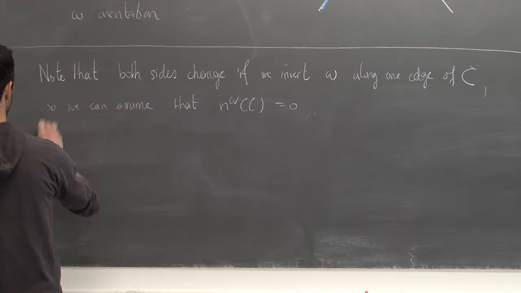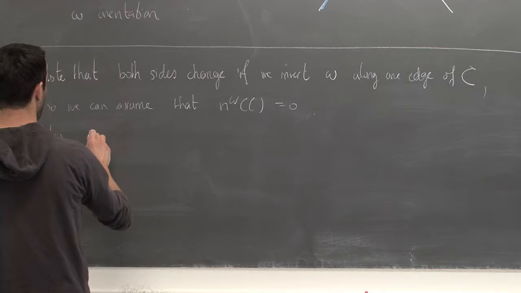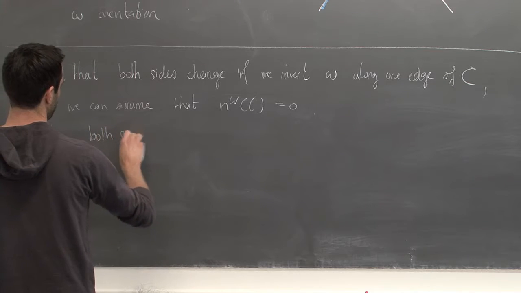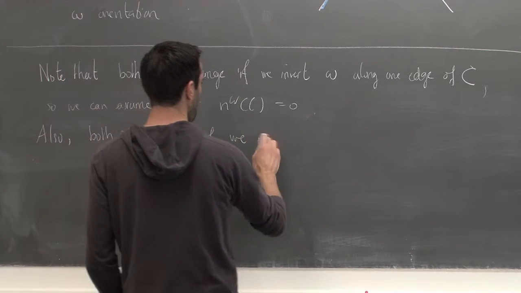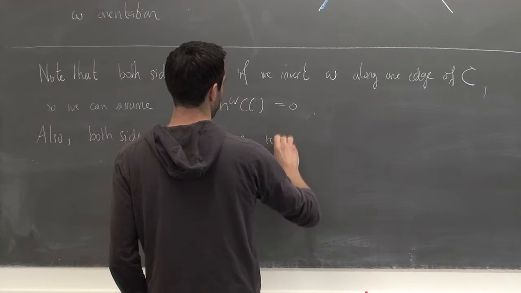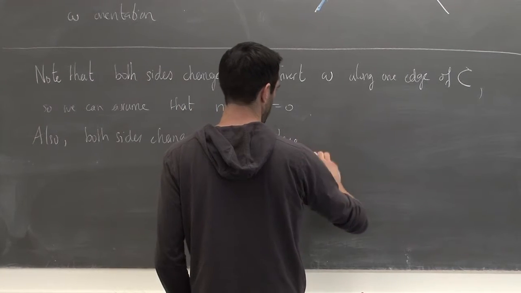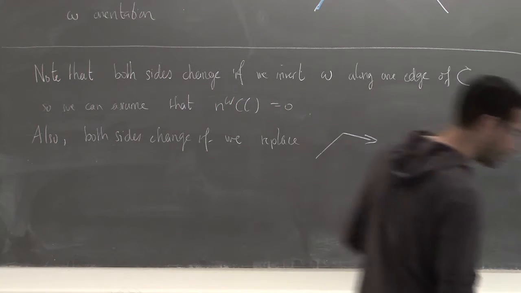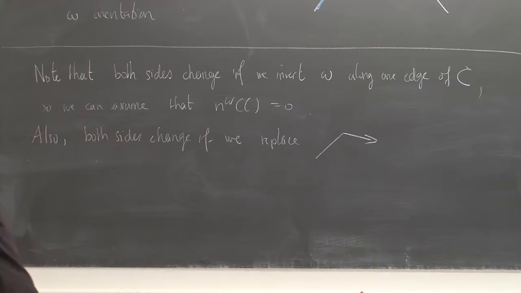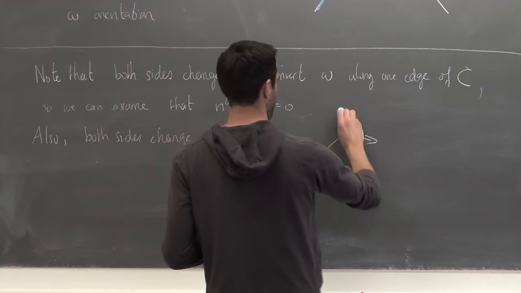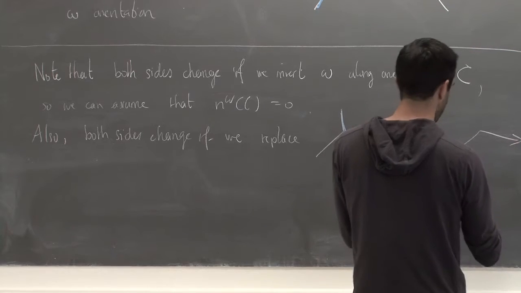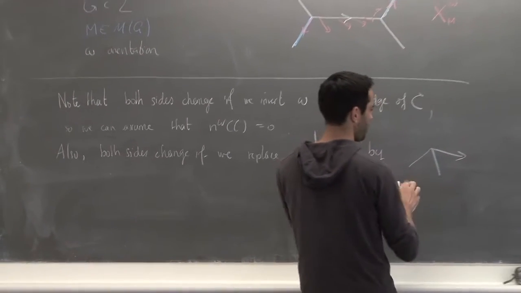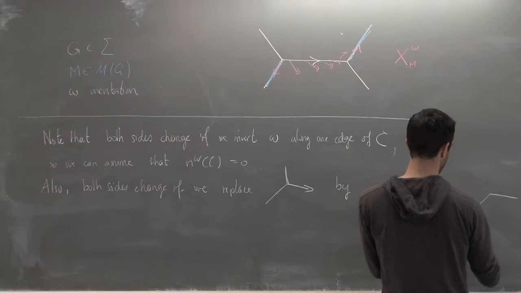And also, both sides change if we replace a dimer sticking out to the left by a dimer that does not stick out to the left, so it can stick out to the right or be on the curve itself.